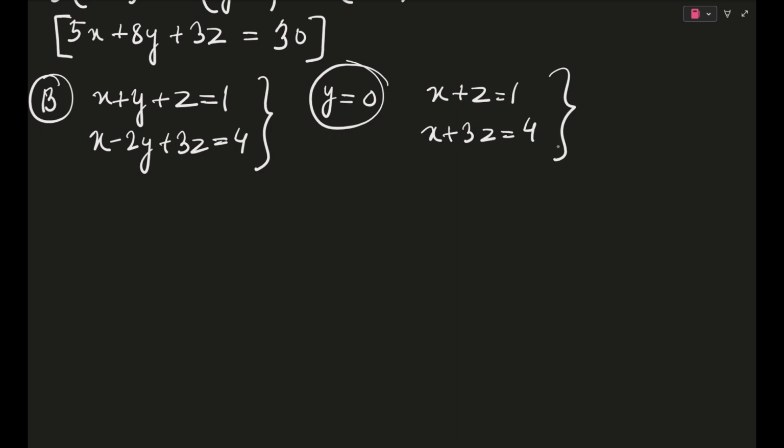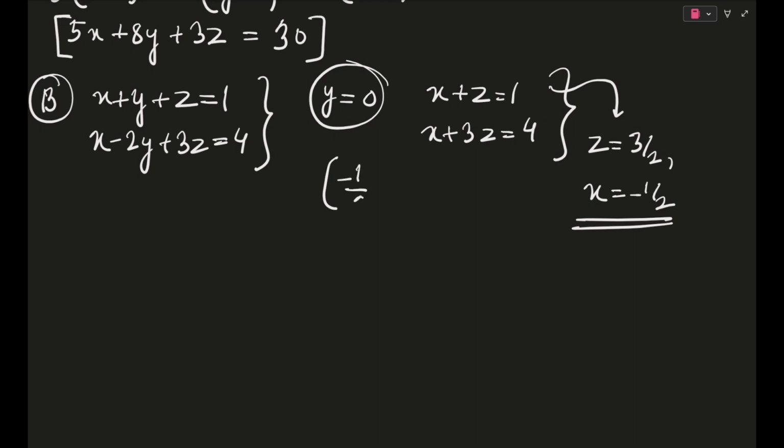Now this is a two-variable simultaneous equation. If you solve this, it comes out to be z equals 3 by 2 and x equals minus half. Easy calculation. So the point that we want to find would be minus half, 0 and 3 by 2.